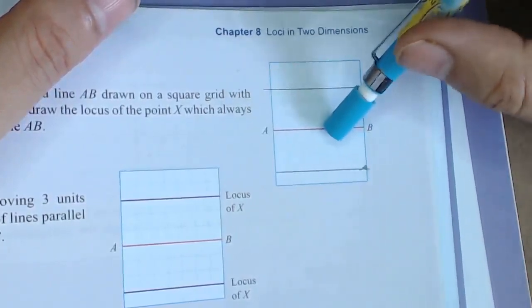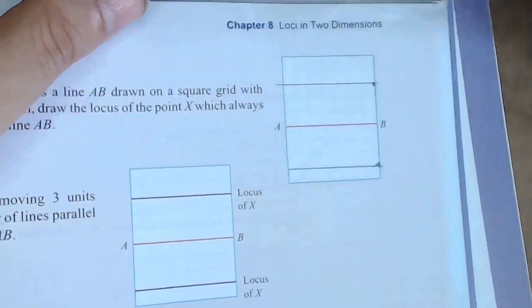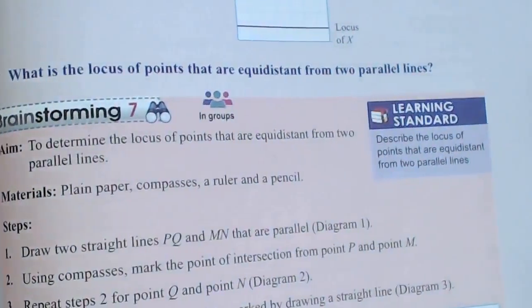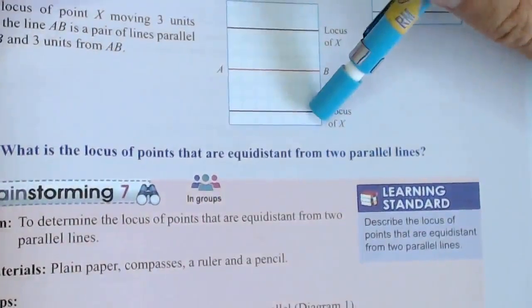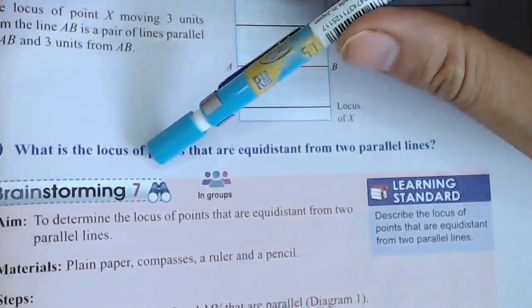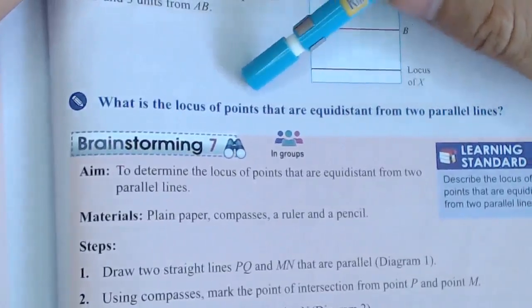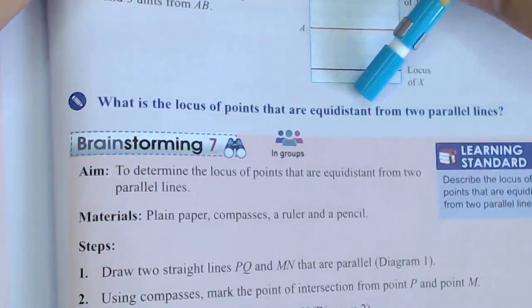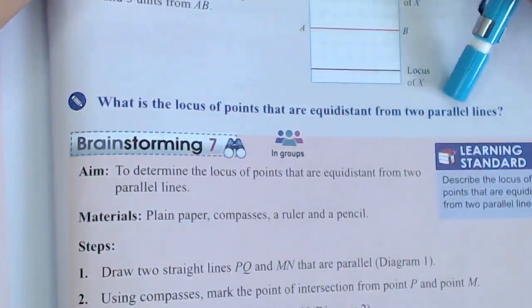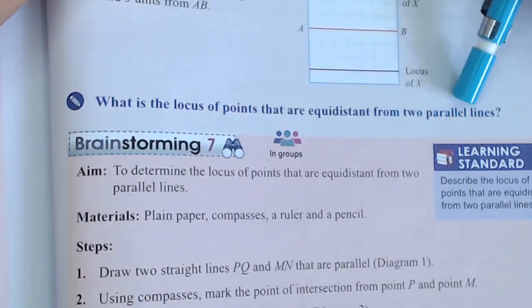if given a straight line. If given a straight line as a fixed straight line, before it was fixed points, now a fixed straight line. So keep moving. What is the locus of points that are equidistant from 2 parallel lines? 2 parallel lines.